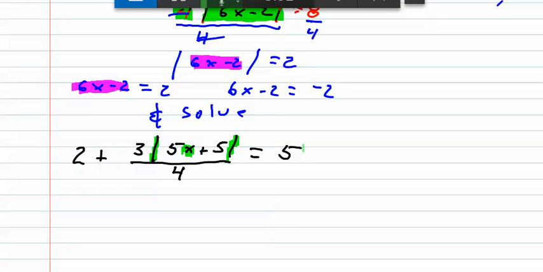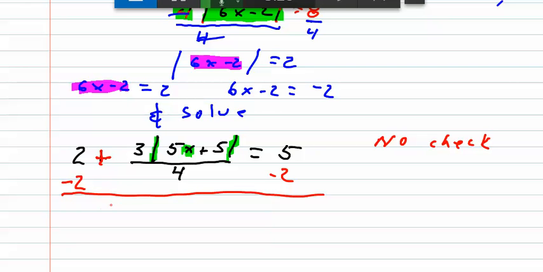There's no x outside, so there's no check required. So I want to isolate the absolute value. So I subtract 2. Because this is a plus, it's not multiplying, it's adding. This is a positive, I subtract.